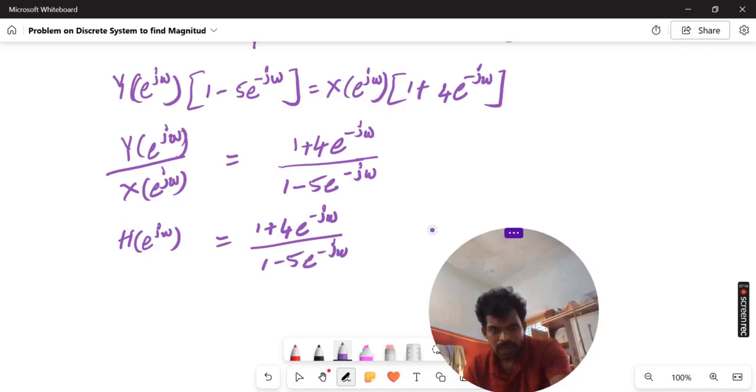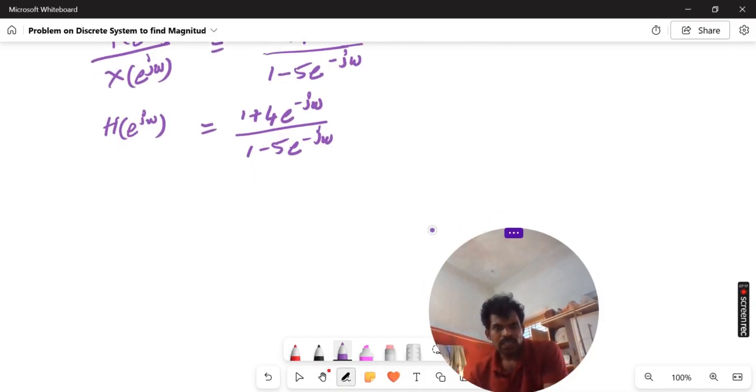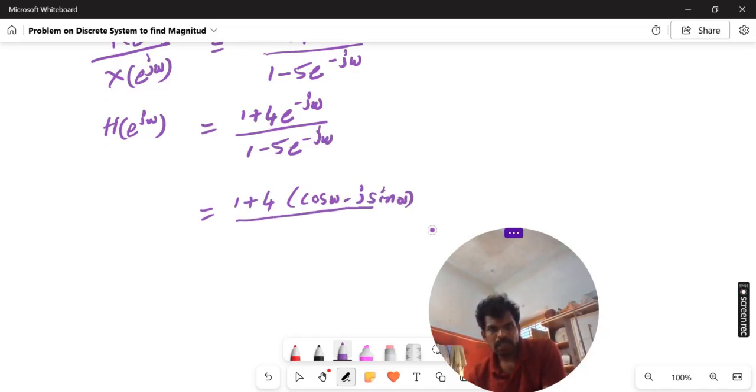Now let us use Euler's identity at the RHS side. By applying Euler's identity, we get 1 plus 4 into cos omega minus j sin omega, by 1 minus 5 of cos omega minus j sin omega.